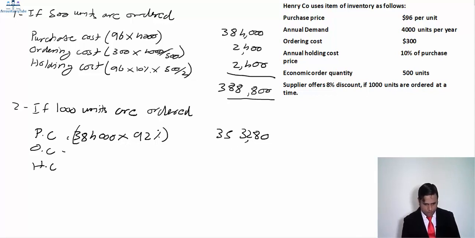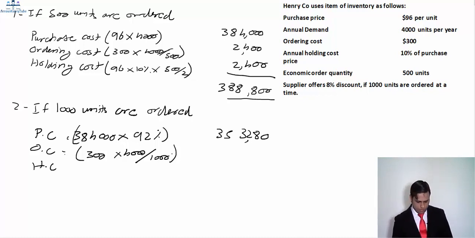Then we have our ordering cost. It is 300 as previously mentioned, multiplied by 4,000. Instead of 500 in the denominator, now we have 1,000 units because the supplier is giving us the discount.